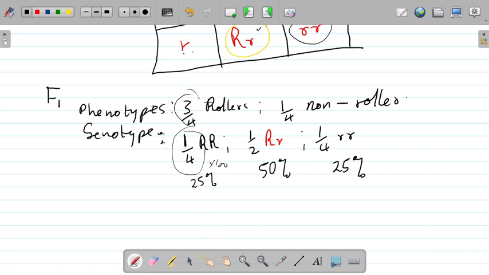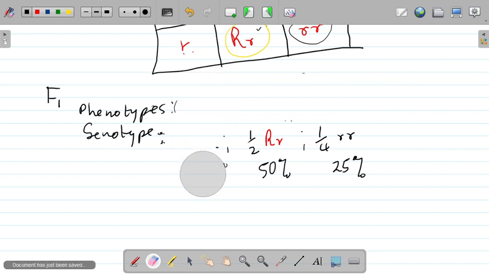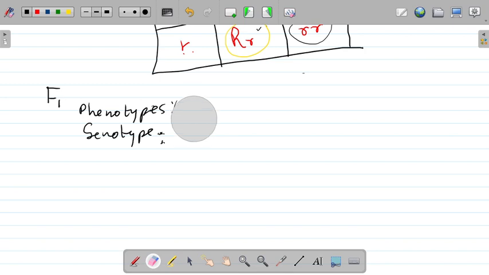Also this one, you take this, multiply by 100, that's 75%, and then this one will be 25%. That is how you present them in terms of percentages. Now, what if they say, represent this information not in percentages, but in ratios?